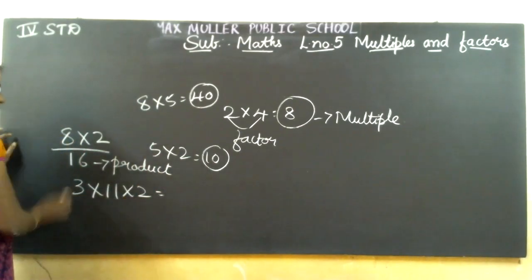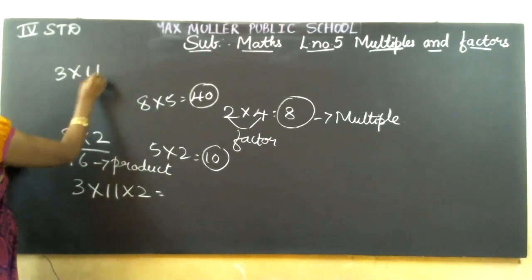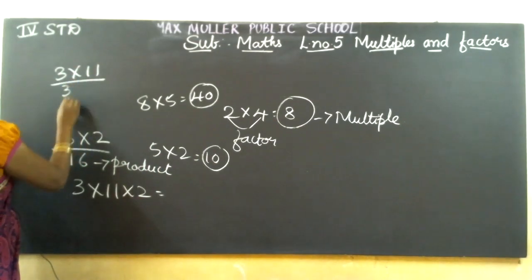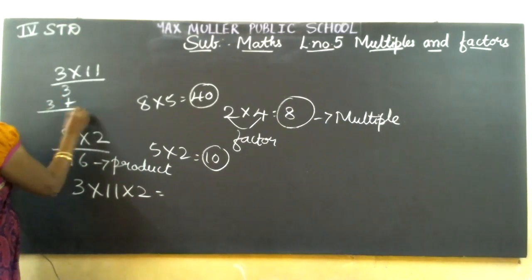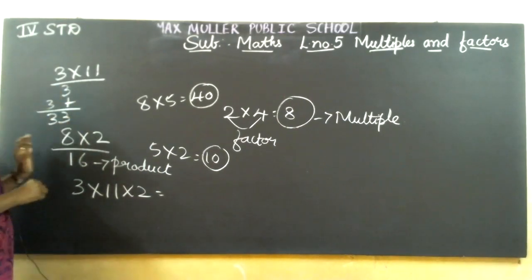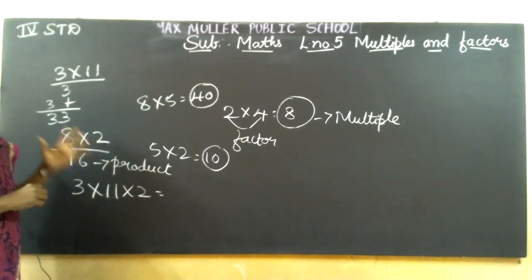We can't multiply all together, so first 3 into 11: 11 3s are 33.